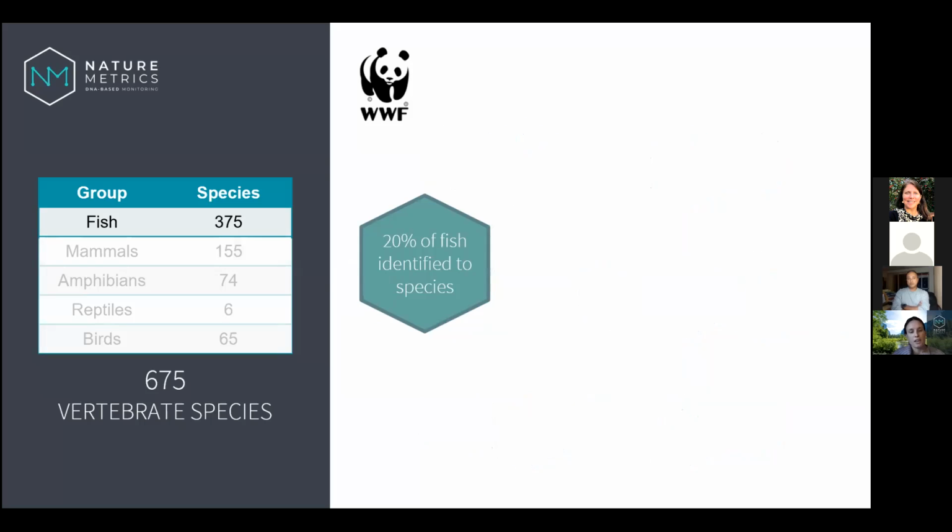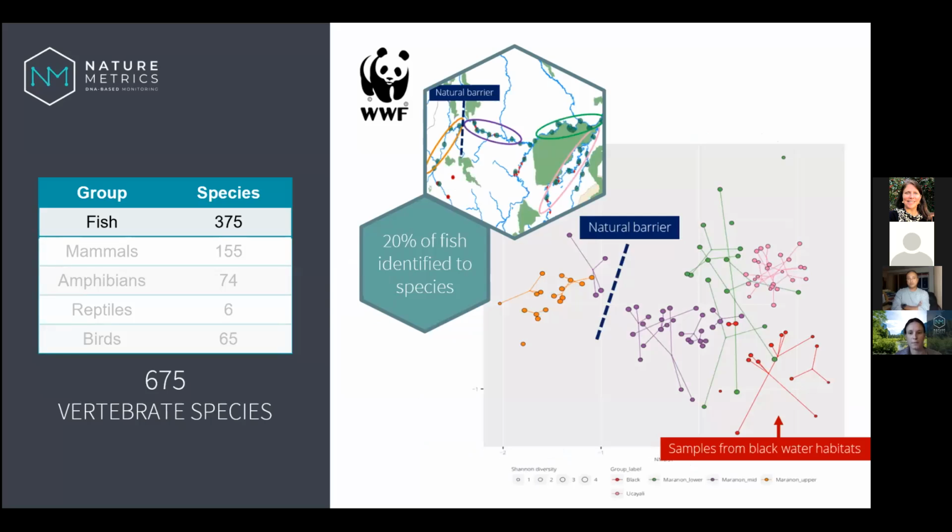And in terms of the data, most of what we got were fish. Again, like in West Africa, most of them can't be identified to species level, so only about 20% of them could be. But even then, we were actually able to get a huge amount of ecological information, even in the absence of the species names. So in this case, we were able to really show how the communities of fish are changing across the landscape and varying in different parts of it, and also in different habitats within that landscape.